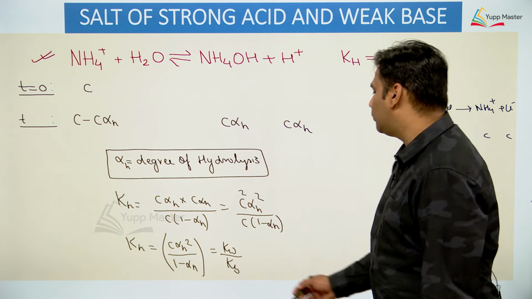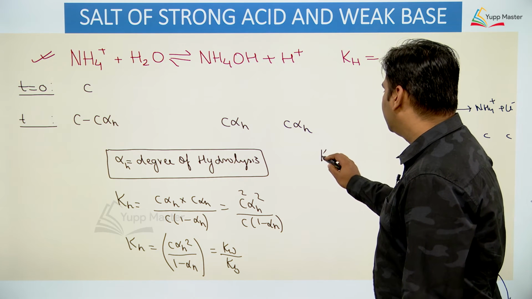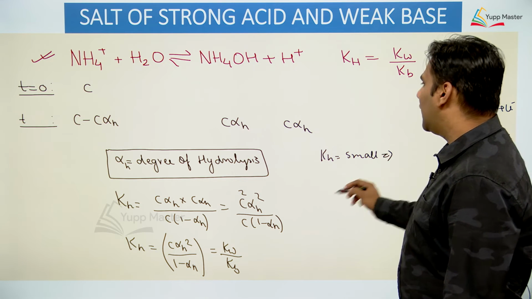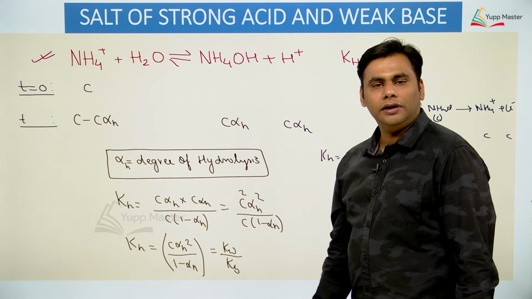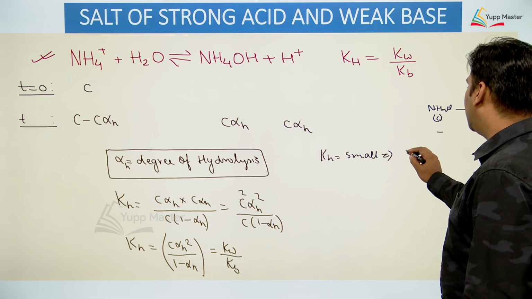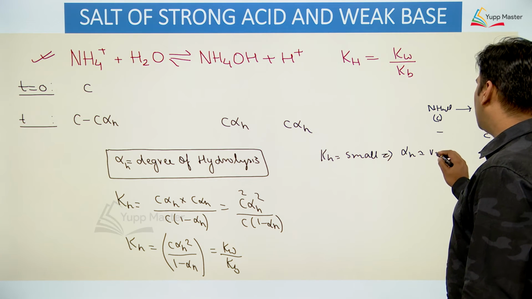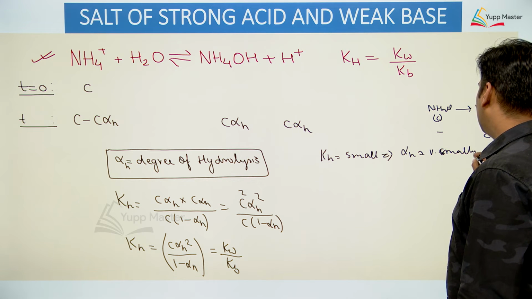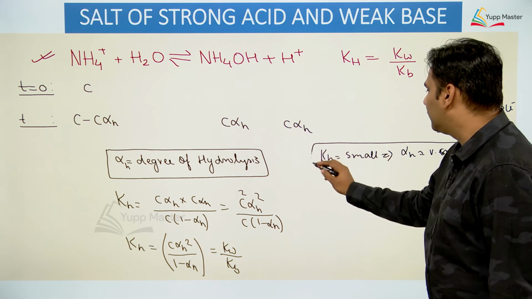So obviously KH is small, it indicates that the reaction is proceeding in the forward direction to a lesser extent. So alpha H will also be very small. Okay, so wherever alpha is being added or subtracted, we can simply neglect it.